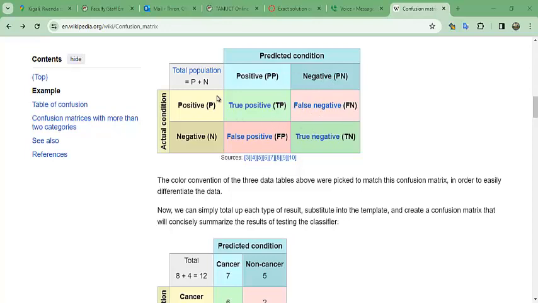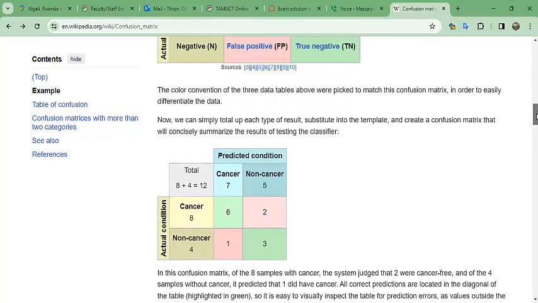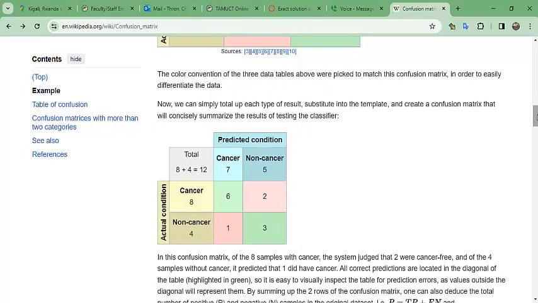Before going into all of these terms, let's look at this specific example here. Suppose you have an experiment where you have 8 actual cancerous patients and 4 actual non-cancerous patients.